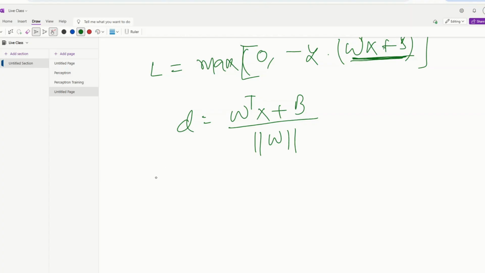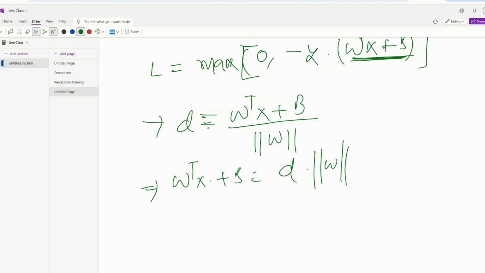So can I write wTx plus b equal to d into the norm of w? I'm just swapping sides: this side goes here and that side goes there, so this becomes 1. So wTx plus b equals distance multiplied by norm.